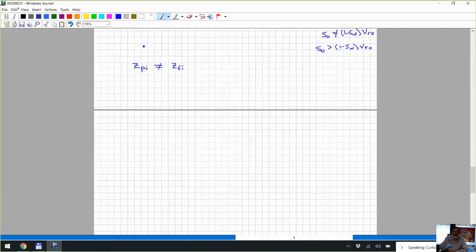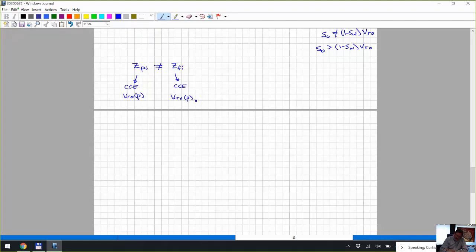If we could go in and collect the pore composition and do a CCE and get the VRO at a particular pressure, and then take the flowing composition and do the CCE and get a VRO there, these are not going to be equal.